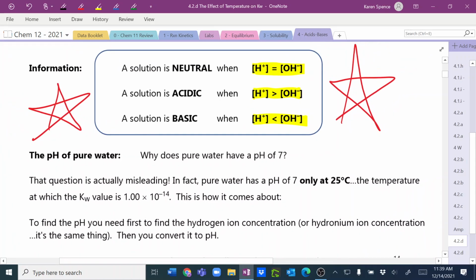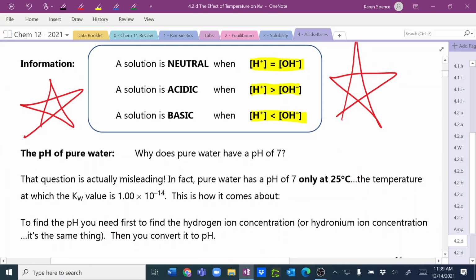So first of all, we're going to tackle the idea of why pure water has a pH of 7. And actually, that question is slightly misleading because pure water only has a pH of 7 at 25 degrees Celsius. At other temperatures, it does not.